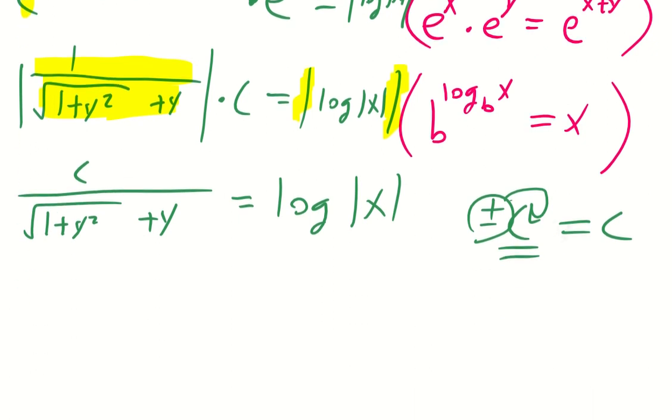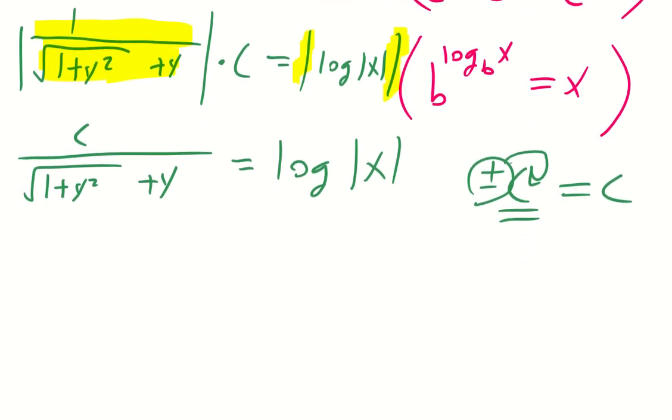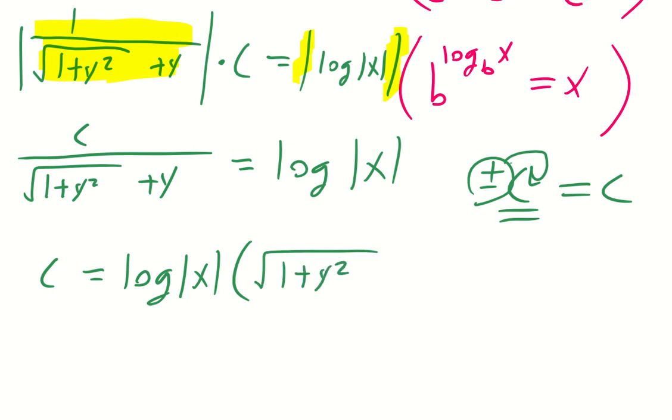Alright, so now we're almost done. We could simplify a little more, I suppose. We can just say c is equal to the logarithm of the absolute value of x times the quantity, the square root of the quantity 1 plus y squared plus y. And this is a good answer, but remember, x cannot equal 0. That's no good.